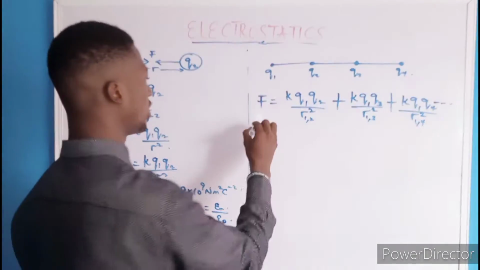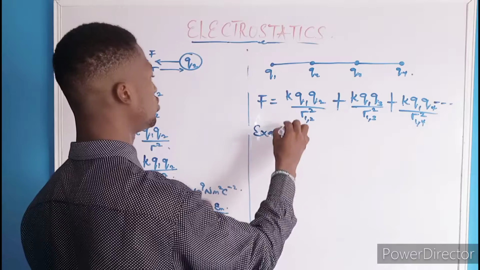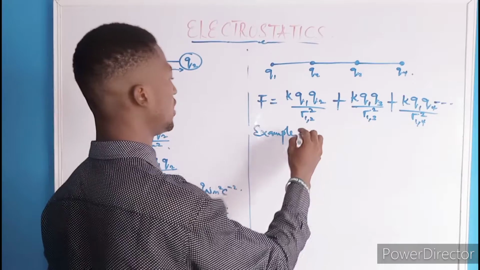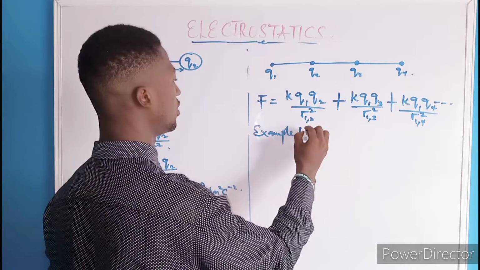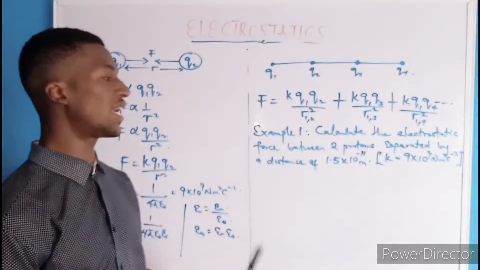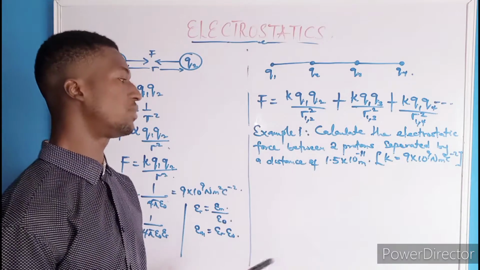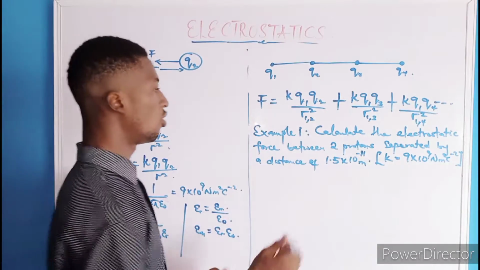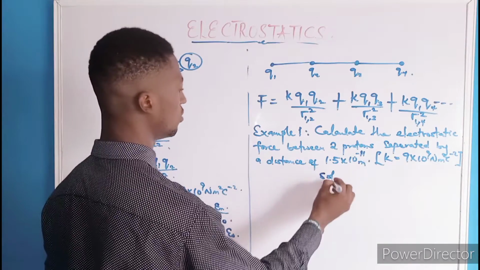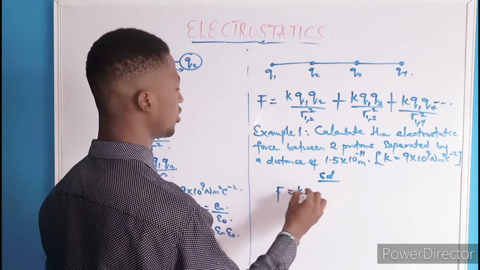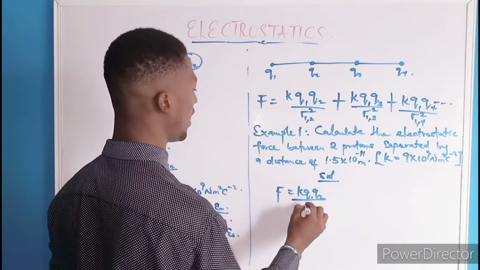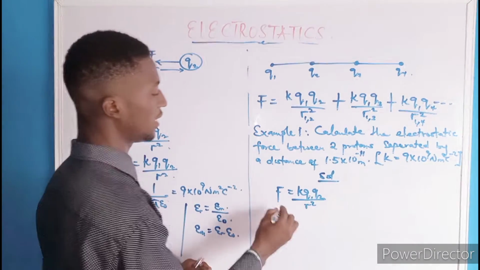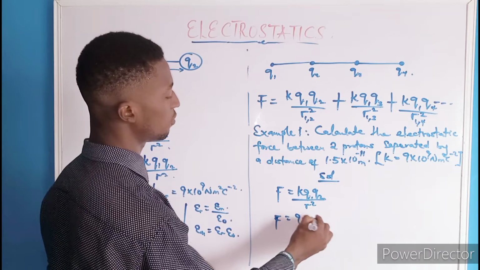Now we'll take one example here, and we use it to conclude this aspect of electric force. Example 1: calculate the electrostatic force between two protons separated by a distance of 1.5 times 10 to the power minus 11. Okay, let's get the force. Solution: the force here is K Q1 Q2 over R squared. Don't forget the value of K is 9 times 10 raised to the power 9.